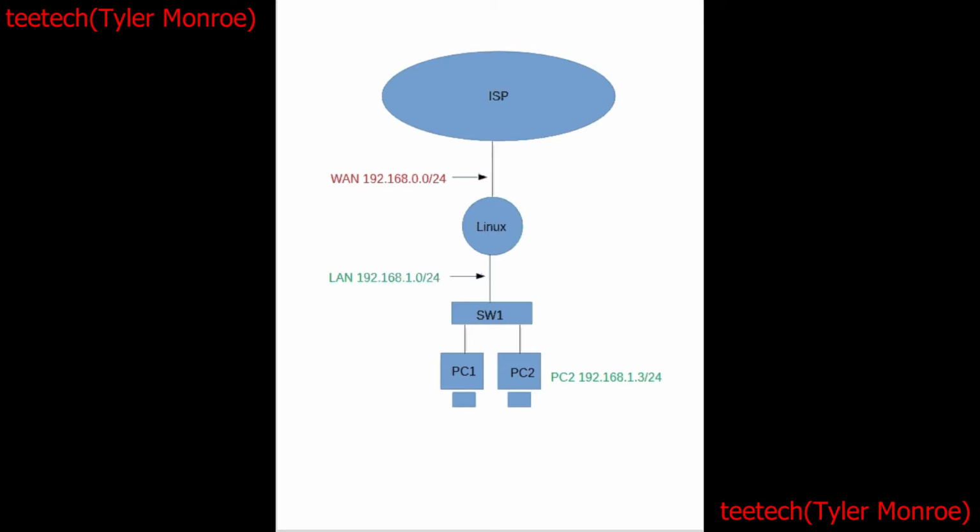So, real quick, anytime we're creating any type of custom firewall, what we're trying to do is take an internet connection from our ISP, our internet service provider. It doesn't matter if it's cable, satellite, fiber, or DSL.